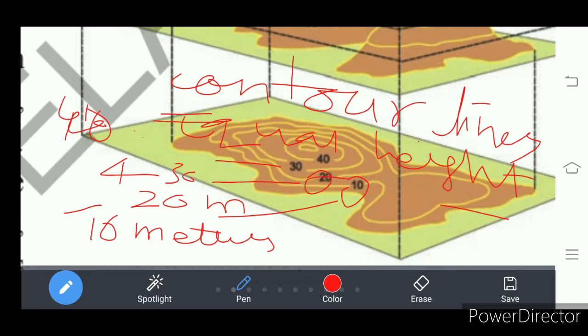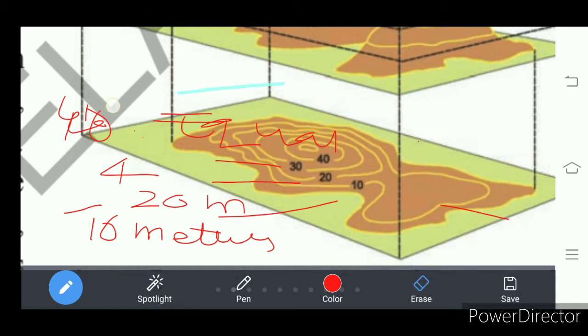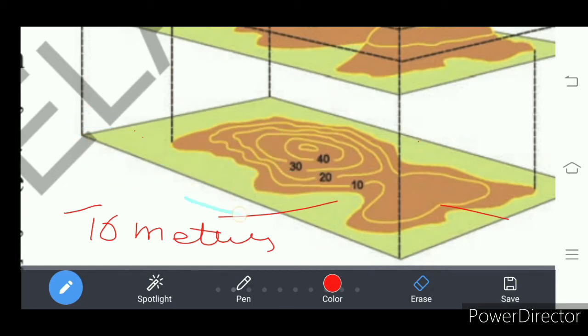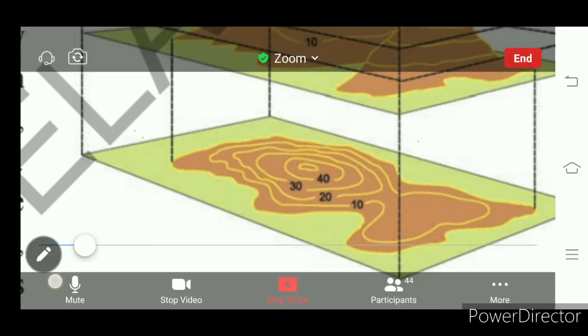It indicates the places which are at 20 meters height. So the places which are at different heights are shown on a map using contour lines. What lines? Contour lines. Understand?